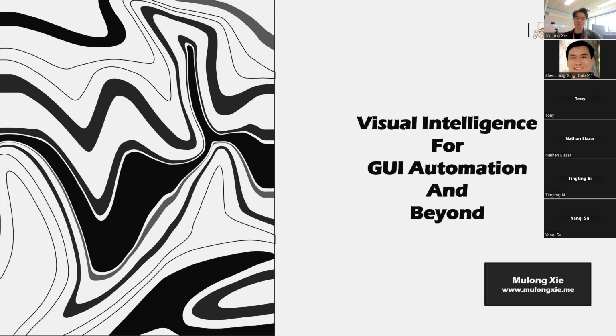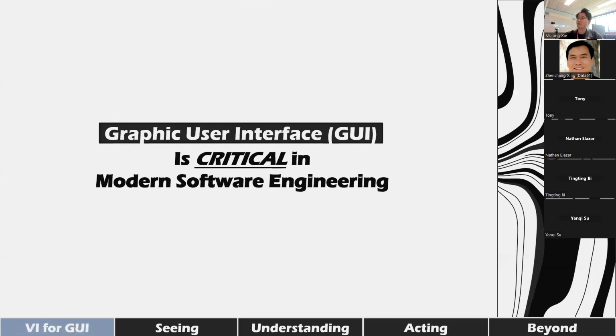Okay, so the topic of my presentation today is video intelligence for GUI automation and beyond. Please allow me to first give some background. Graphic user interface, also called GUI, is critical in modern software engineering.